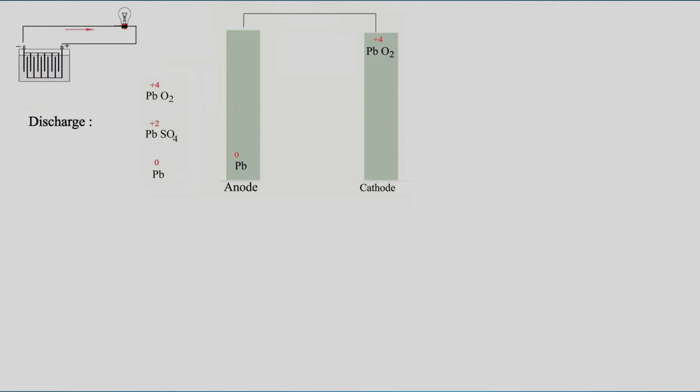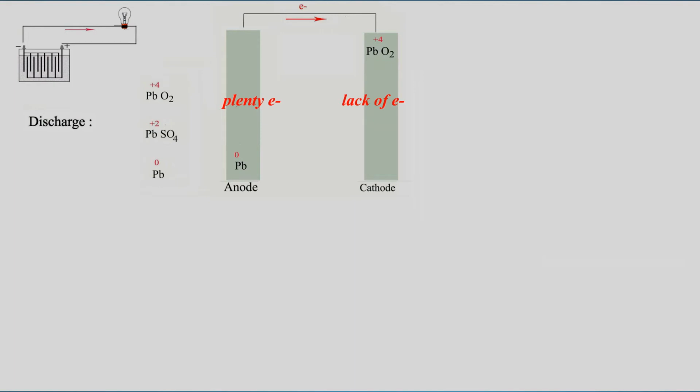Pb is in the 0 oxidation state. PbO2 in the plus 4 state means Pb lacks 4 electrons. So one has plenty of electrons, the other lacks electrons, and this causes a high electron imbalance.